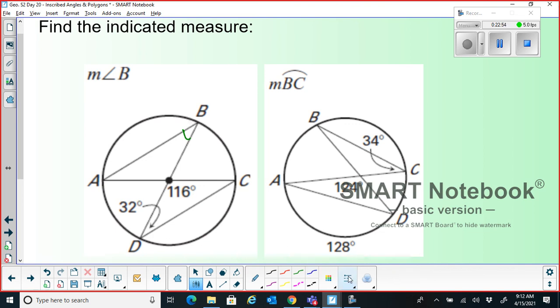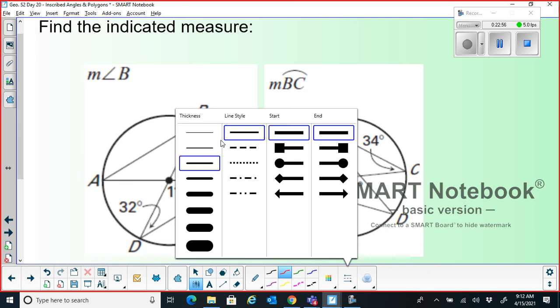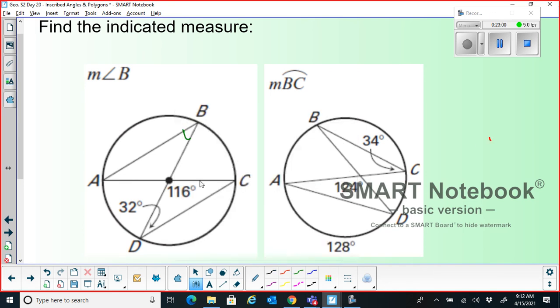Let's change color. To find this, let's see if I have the corresponding central angle. No. Do I have the corresponding arc measure? I need to find angle B. So angle B corresponds to this particular arc AD.